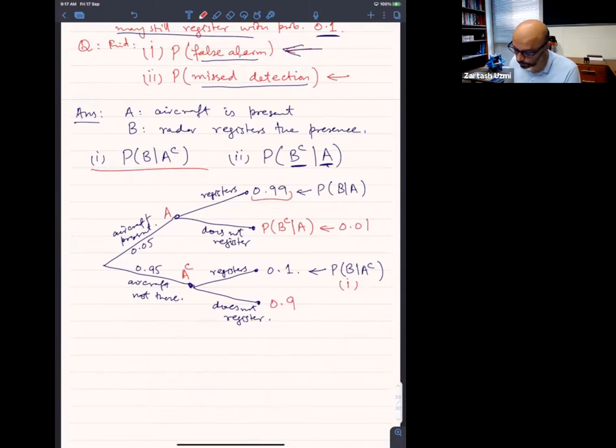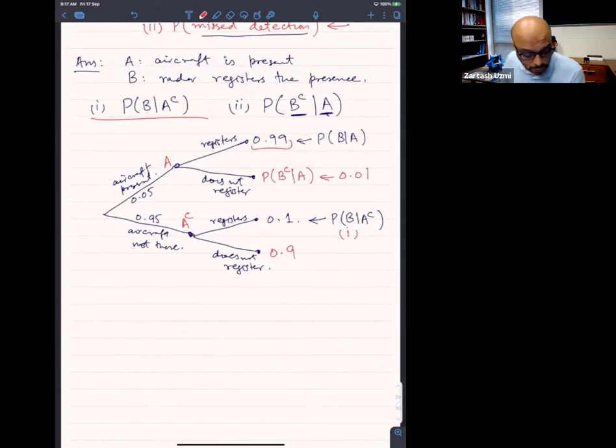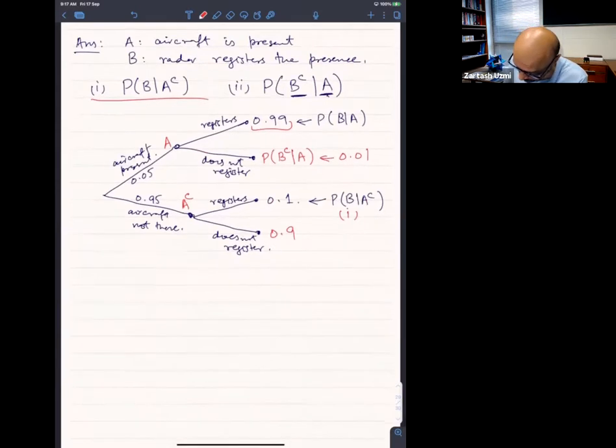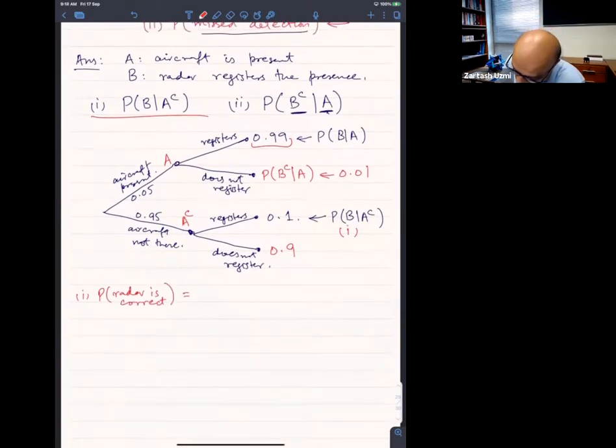Okay. Now, I'm going to ask you this question. Probability radar is correct. कहां पे radar correct है? Aircraft present हो और उसको register कर ले तो radar is correct.